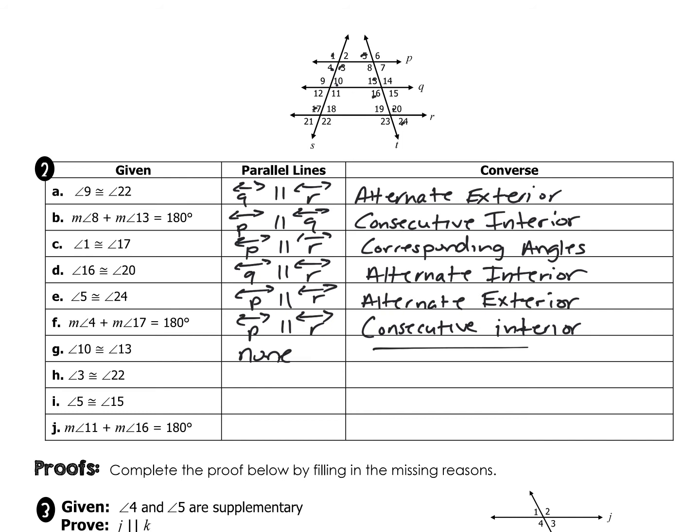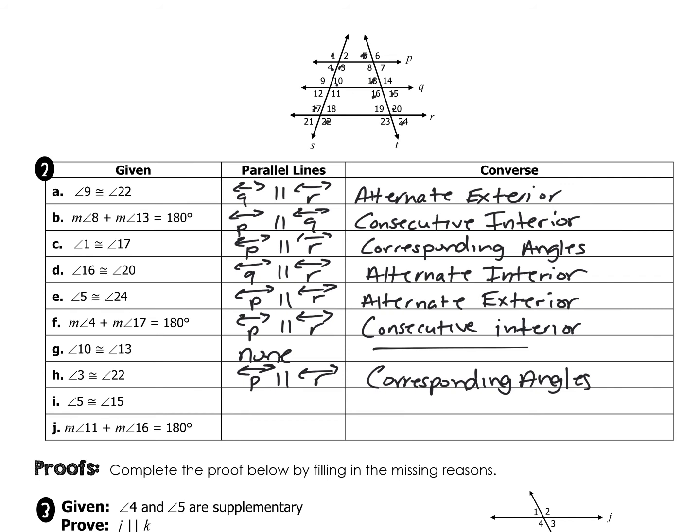Angle 3 and angle 22, those are corresponding angles on transversal S, and so that proves that line P is parallel to line R, and they're corresponding angles.